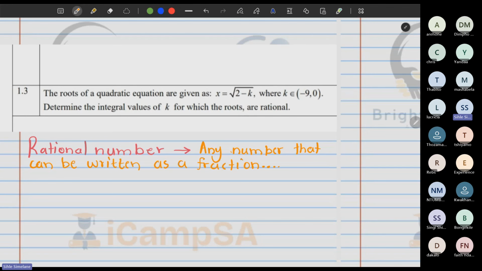So now let's go ahead, guys, and figure out how then can we make this to work? What values of k can we put there such that you end up getting a proper fraction? Anyone? Any thoughts, guys?